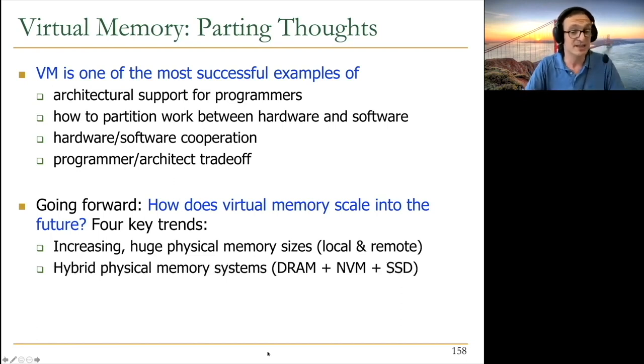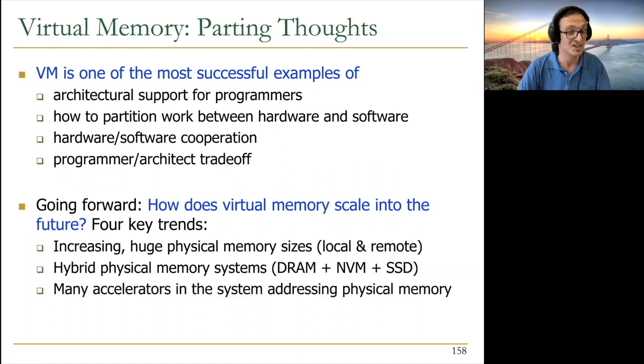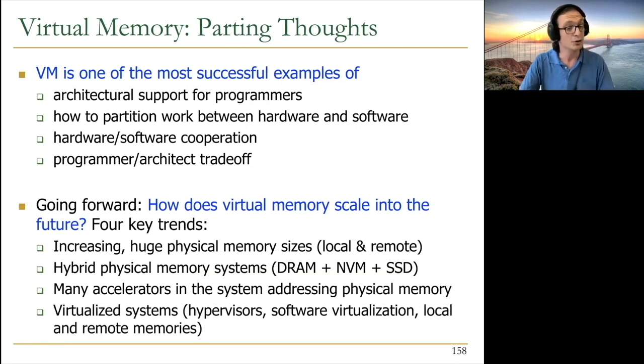We have hybrid physical memory systems, DRAM, NVM, SSDs, and we want to increasingly manage everything using a single memory abstraction. There are many accelerators in the system addressing physical memory. They want to be part of the virtual memory. And there are virtualized systems, like I showed you earlier, hypervisors, software virtualization, local and remote memories. So how does it scale into the future? The management is actually quite complex overall, so it's not going to scale very well.